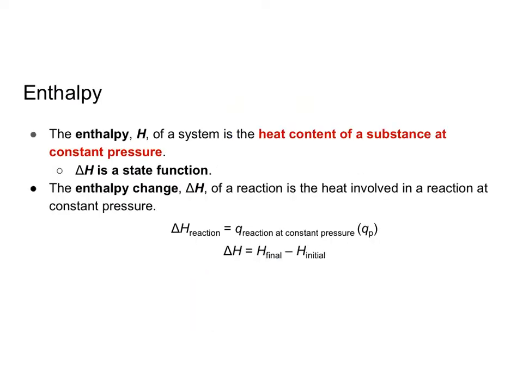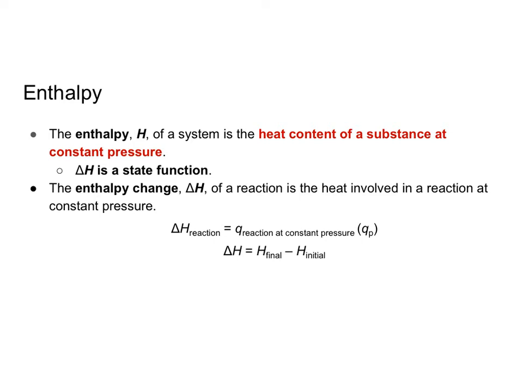Okay, so now if we talk about enthalpy, right? And we talk about enthalpy of a system, it's the heat content of that substance at a constant pressure. Delta H is something called a state function, meaning that you don't have to know beginning and ending, you just have to know the difference. That's why it's always delta, right?